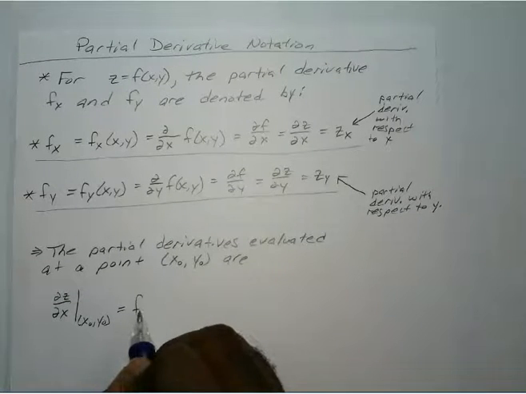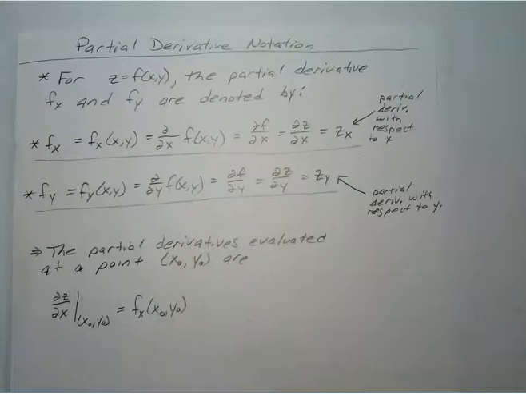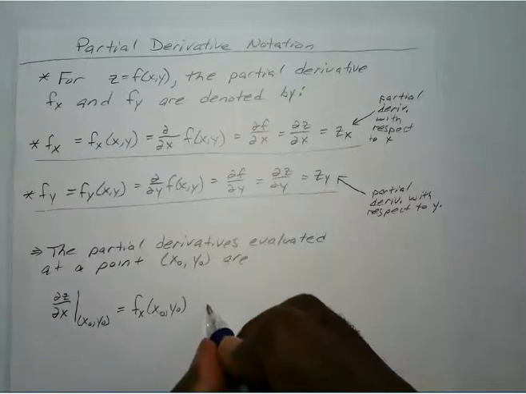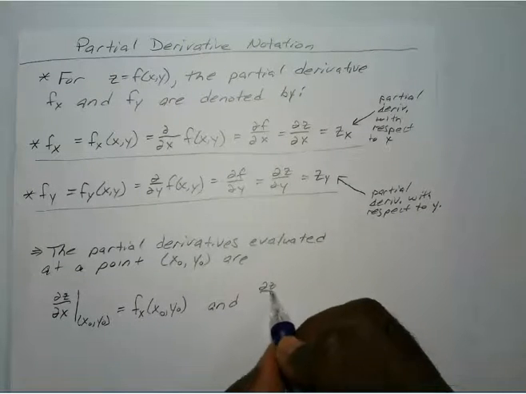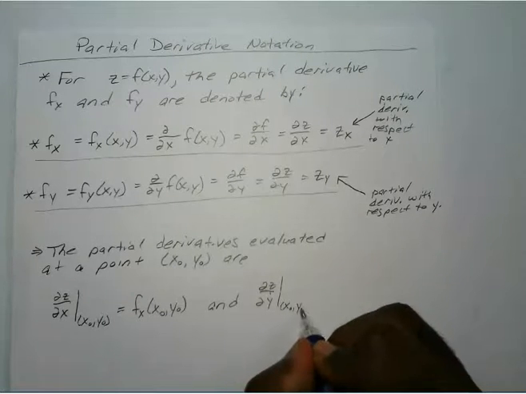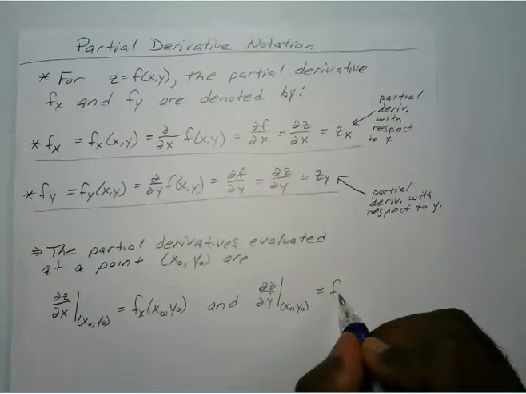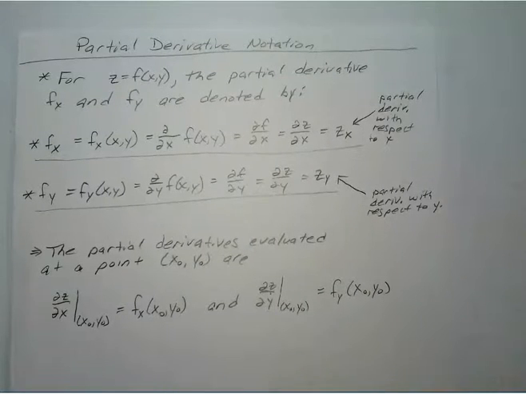That's the same as saying partial with respect to x, but you're going to plug in those two values. And the partial with respect to y at x0, y0 is f sub y at those points. Okay, and again, this is just if you're going to plug in numerical values.